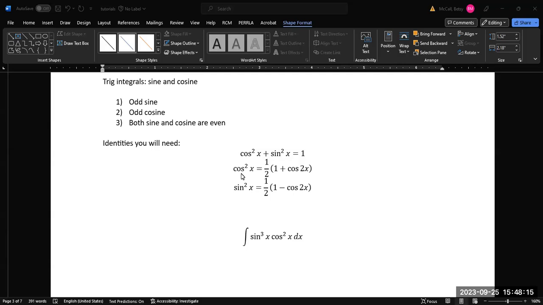And then also, if we have some standalone even functions in this last scenario, then we're going to need these two power reducing identities so that we can reduce square powers of cosine, even powers of cosine, to linear powers of cosine 2x.